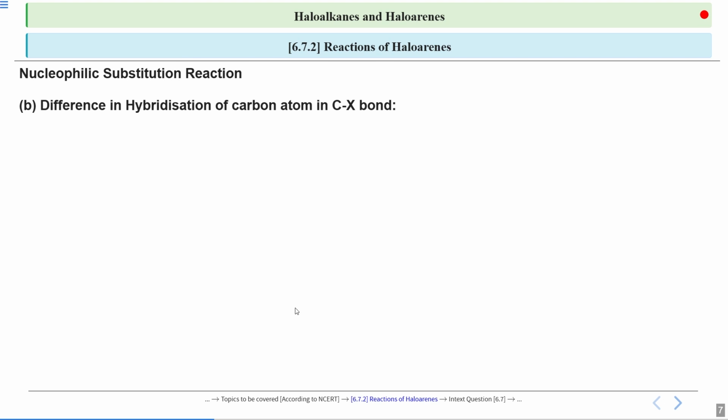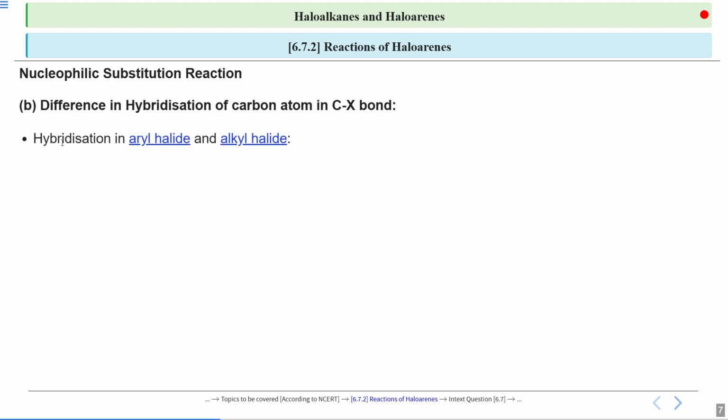The second reason for the low reactivity is the difference in the hybridization of the carbon atom in the carbon halogen bond. If you compare the hybridization of the carbon atom, there is a difference in the alkyl halide and the aryl halide.